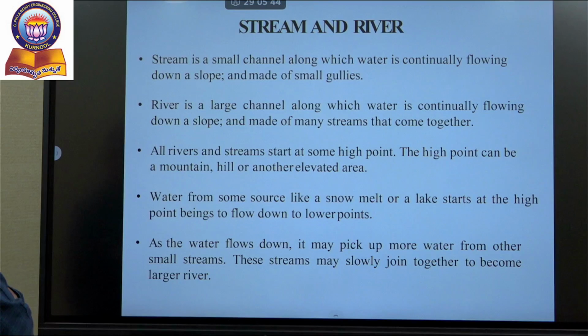All rivers and streams start at some high point, which can be a mountain, hill, or another elevated area. Water from a source like snowmelt or a lake starts at the high point and begins to flow down to a lower point. As the water flows down, it may pick up more water from other small streams. These streams may slowly join together to become large rivers.